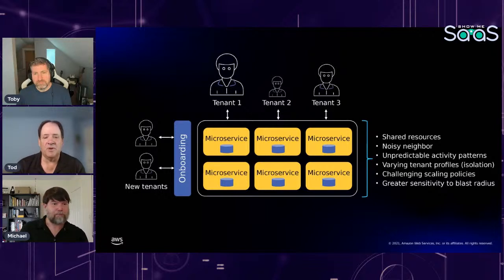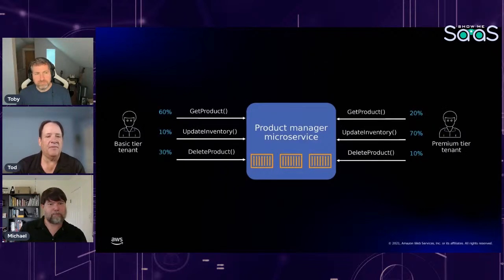Yeah, you guys didn't see this, but I had a bit of a convoluted example of this. I tried to highlight the idea that I have a product manager service, and I look at the distribution of load across that service and find that one tier tenant is consuming it in one way and another tier tenant is consuming it in another way. That might be motive for me to say, hey, my platinum tier tenant is saturating the update inventory experience and they're not getting as good an experience out of it.